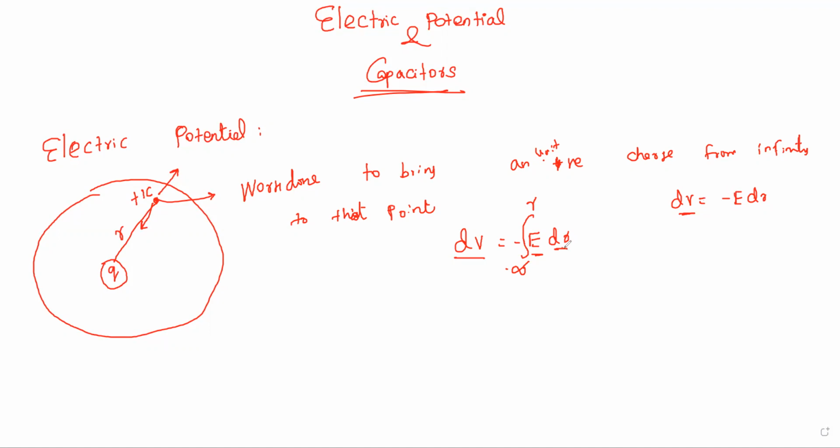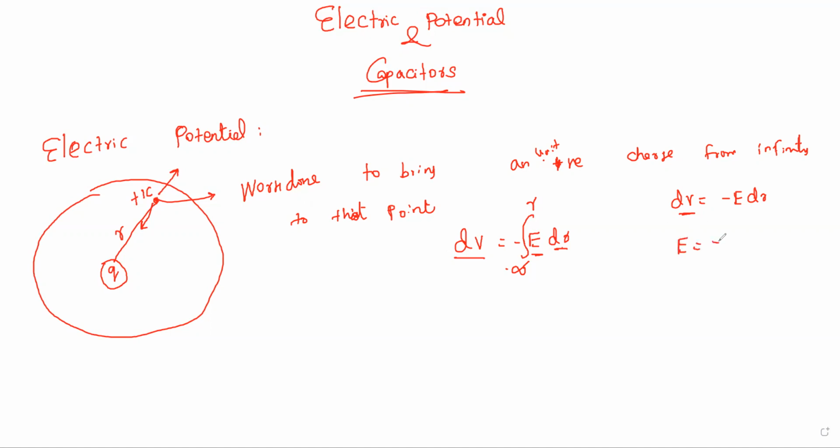Because the work should be done against the electric field intensity. If the electric field is towards this q, the work should be done to overcome the attraction. If it is repelled, it should overcome the repulsive force. Anyhow, it is against the electric field intensity only.